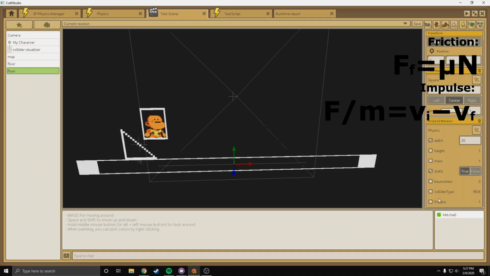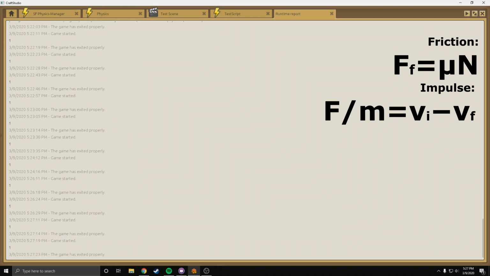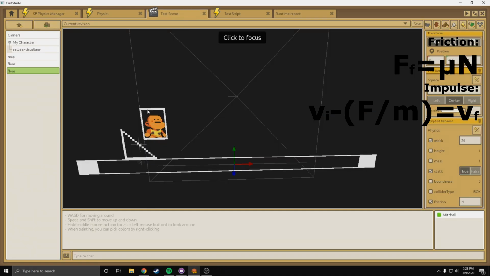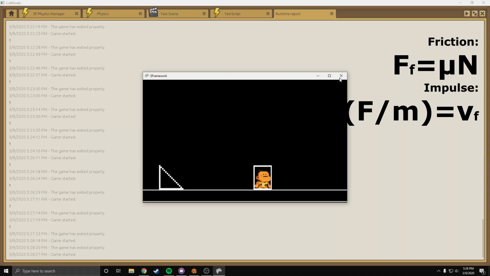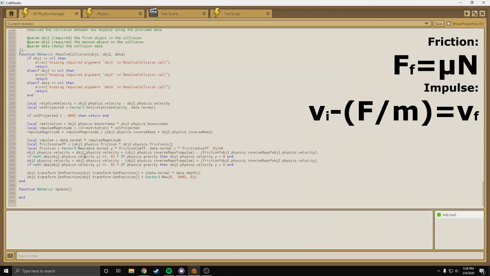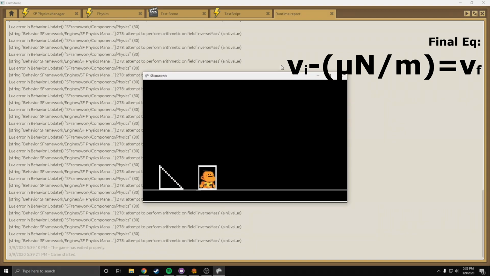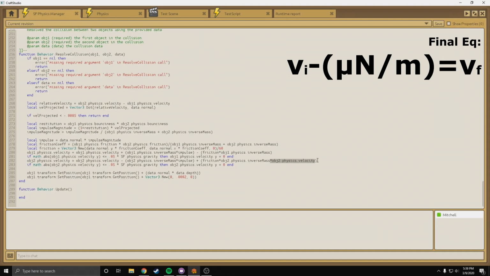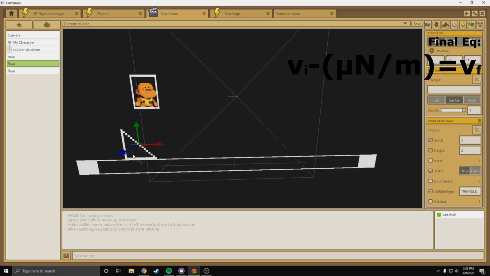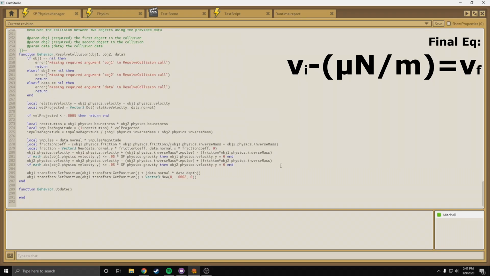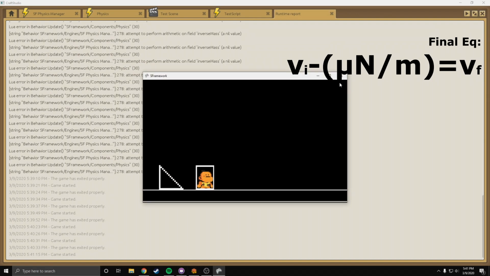Then we're able to isolate that final velocity and end up with our initial velocity minus F over m equals our final velocity. F right there is going to be our friction force, so we can sub that in. So our final equation is going to look like initial velocity minus mu N over m equals our final velocity. You'll see me implement that into our function.